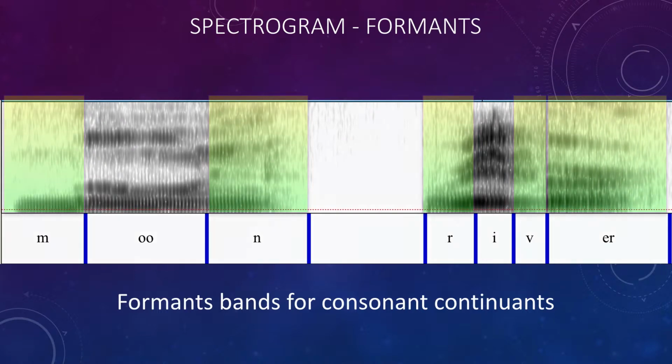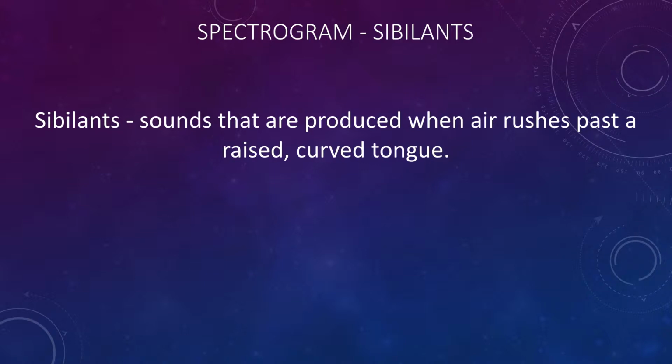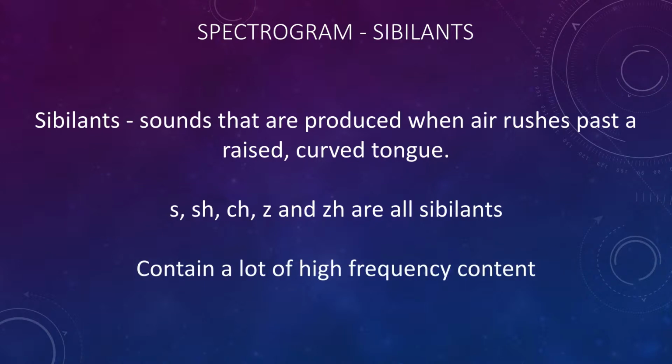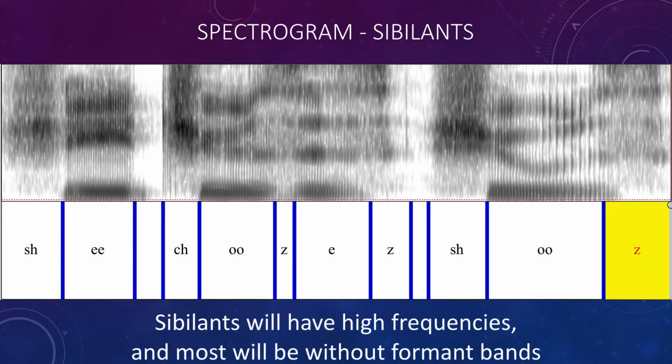Sibilants. Sibilants are sounds that are produced when air rushes past a raised curved tongue. S, sh, ch, z, and zh are all sibilants. They are mostly unvoiced sounds and are characterized by a lot of high-frequency content. Here's a spectrogram of the sentence, "She chooses shoes."